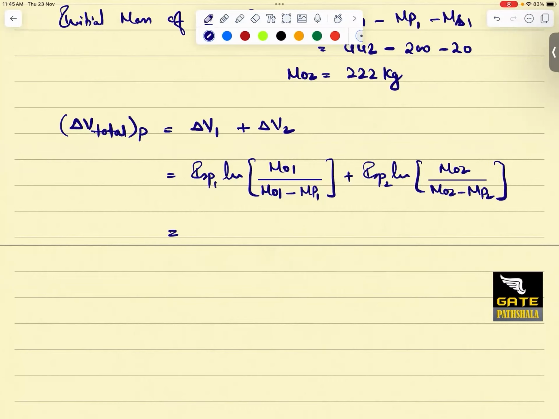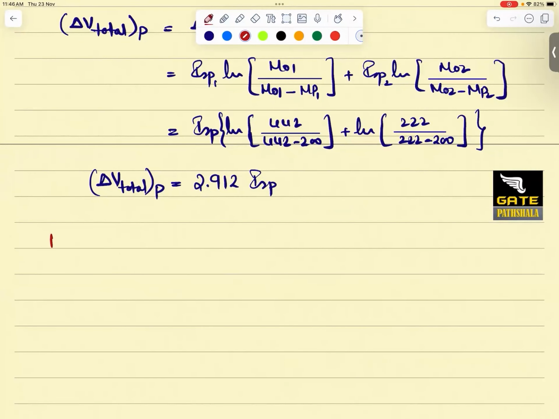So you just calculate ISP into ln of 442 by 442 minus 200, plus ISP, which I have already taken common, ln of M02, 222 by 222 minus 200.